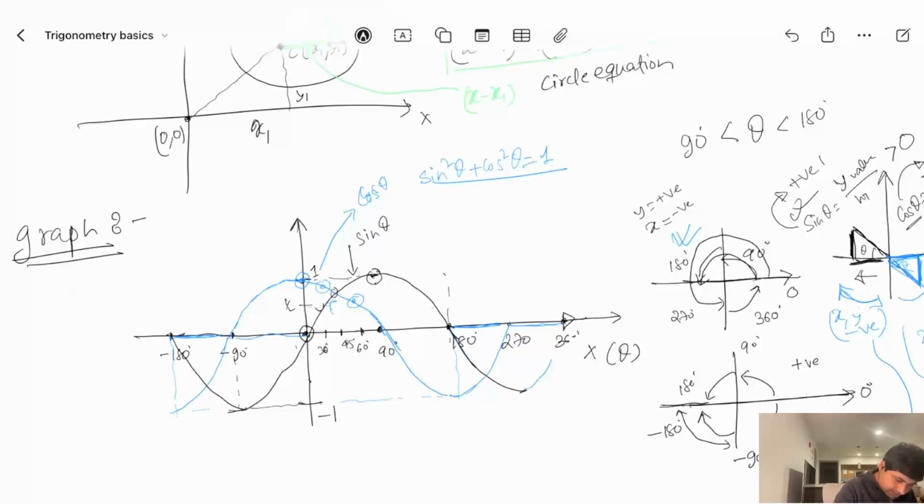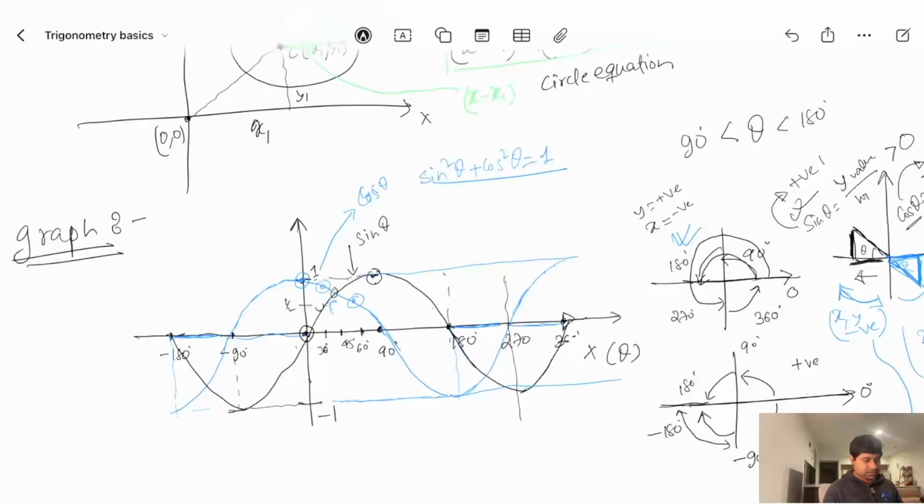This is between 270 to 360, where in this range cos was positive in the fourth quadrant, if you remember. This was +1, this was -1. That is the way it's always going.